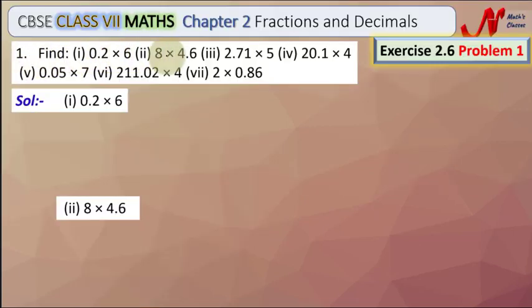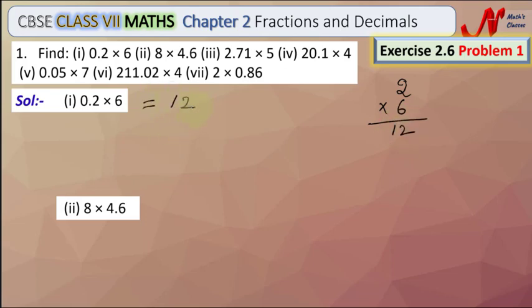Now we are going to solve exercise 2.6 problem 1. In the first problem there are 7 bits given. First we solve the first bit. Here we have to find the product of 0.2 and 6. To find this product, first we multiply the numbers without a decimal point, so we multiply 6 with 2, 6 twos are 12, we get the product 12.